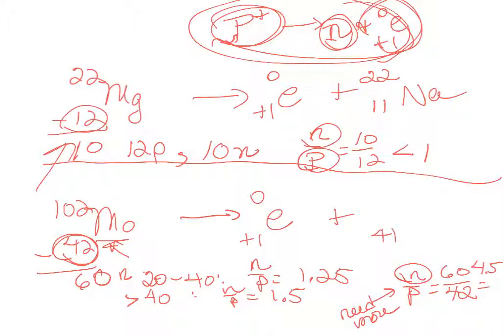And our new atomic number of the daughter nuclide is 41, and the mass is the same. And what element has atomic number of 41? That is niobium, Nb. Alrighty, that kind of gives you a handle. Again, I recommend working through worksheets of this to get more practice.